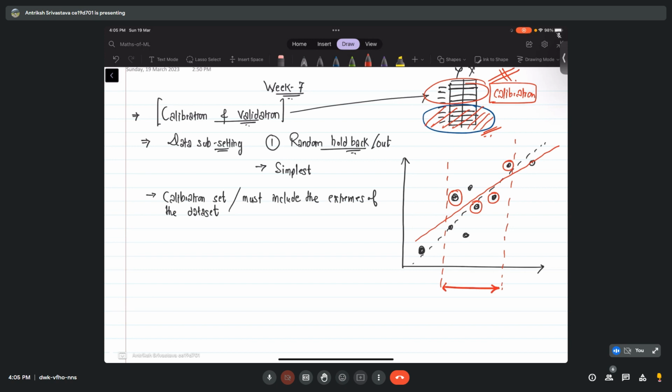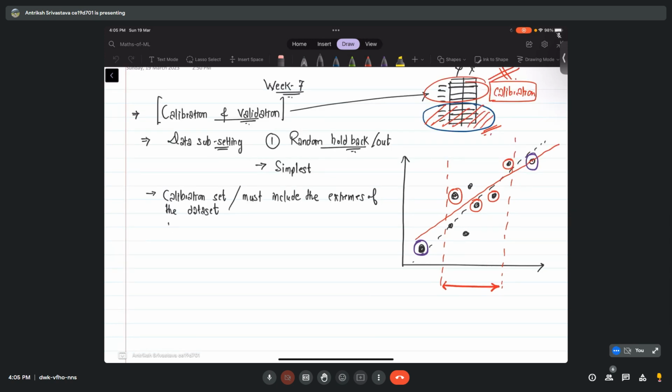If we go outside this extent, let's say for these values, it has to perform extrapolation. So to avoid extrapolation, we have to make sure that these extremes, the maximum and minimum, are included in the calibration dataset. You can ignore the other points, but you need to have the extremes.